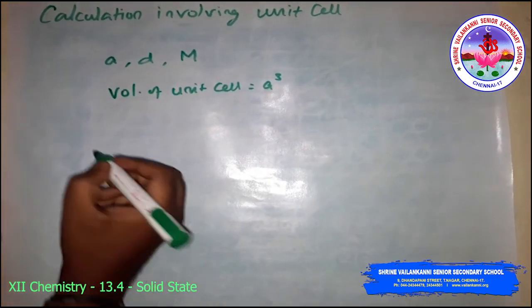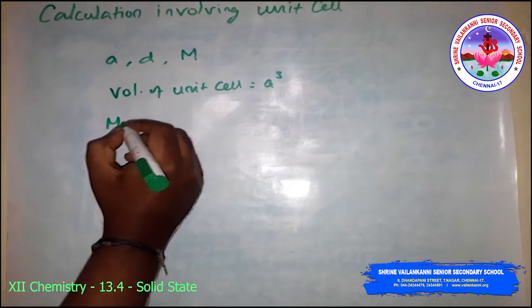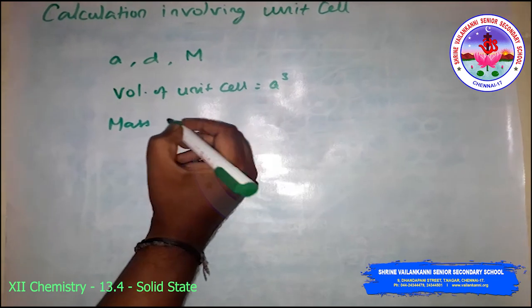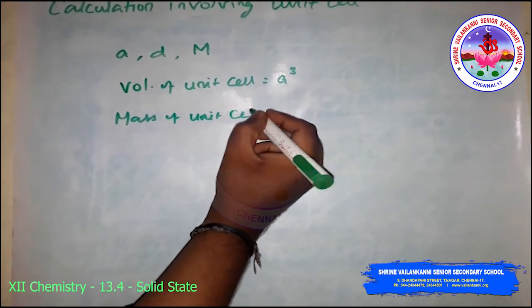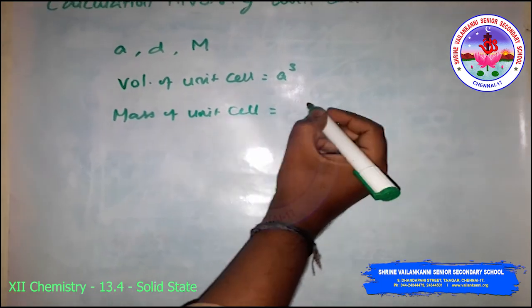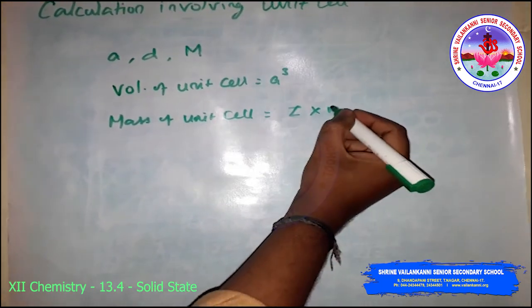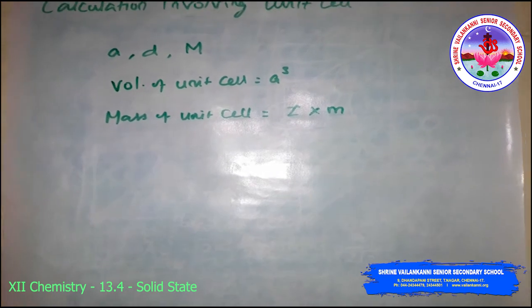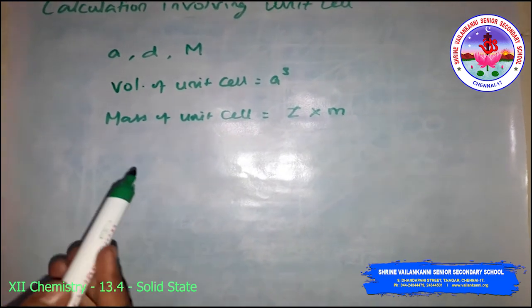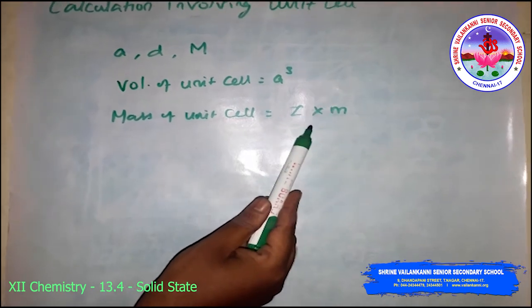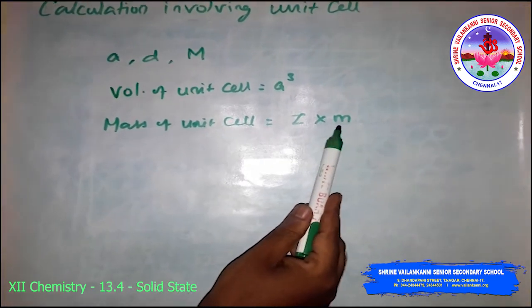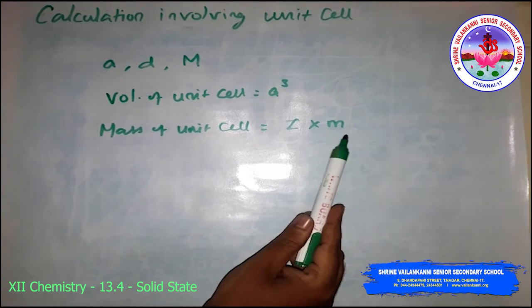Then the mass of the unit cell is equal to Z into m. Here Z is the number of atoms in a unit cell, and m indicates the mass of each atom.